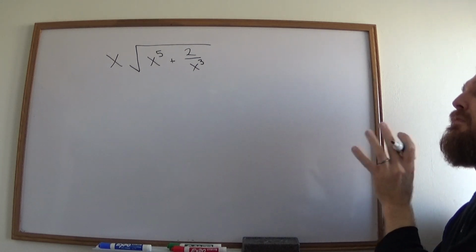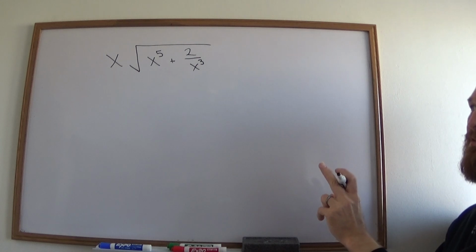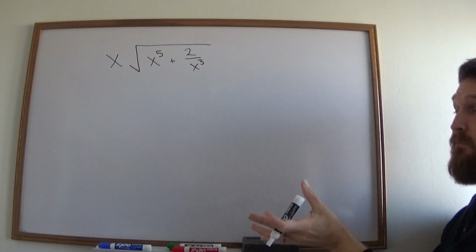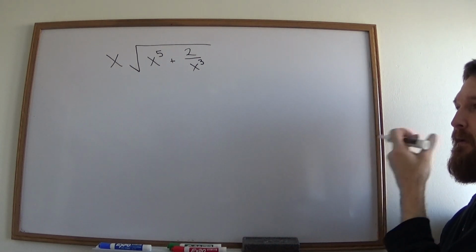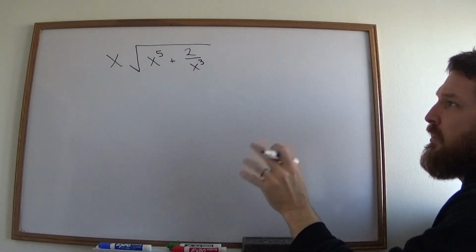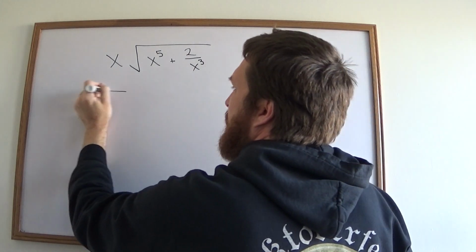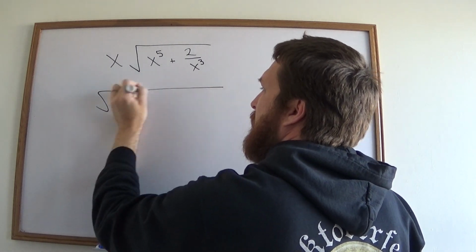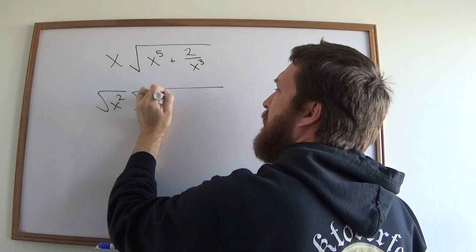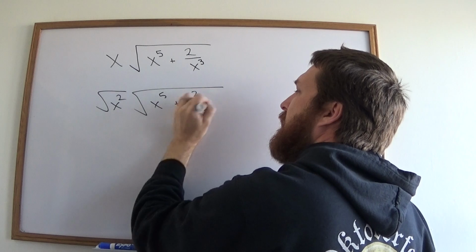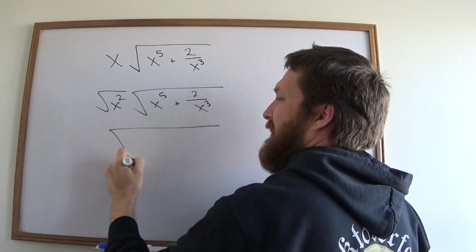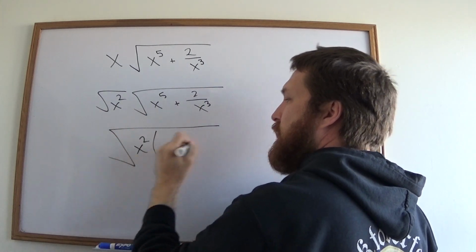It would make your life really hard unless you do this, because when I was coming up with this problem, I just naturally said, you know what, my life would be easier if I just do this. And then just bring him in as an x squared.